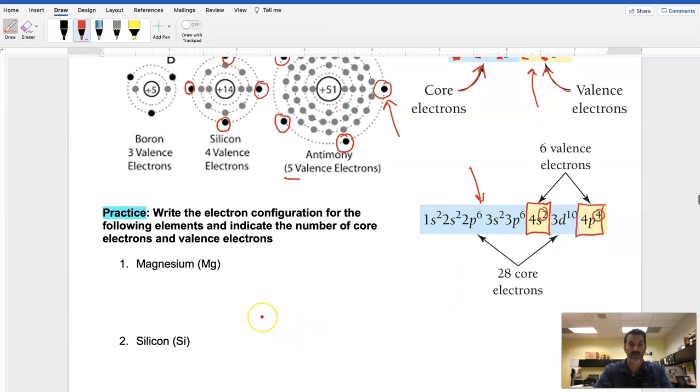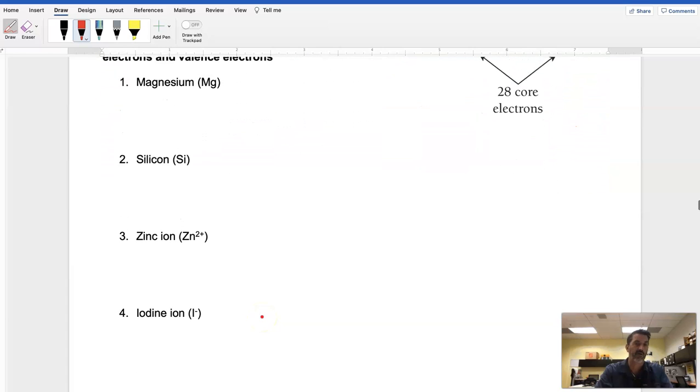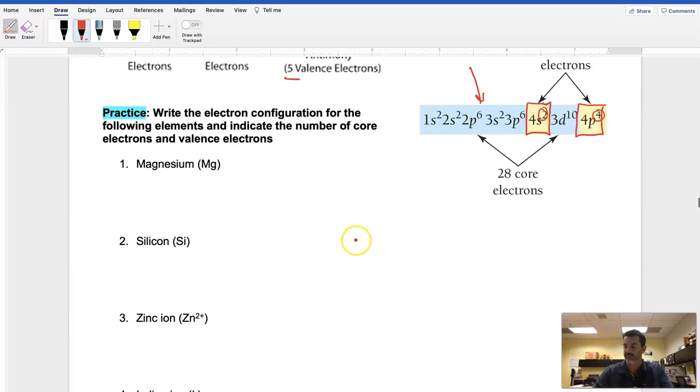All right, so how do we figure this out? Let me show you magnesium first. Magnesium has 14 electrons, so I'm going to write this out: 1s2, 2s2, 2p6, 3s2, 3p, what is that, 10, 12, so I need 2 more, that's 14.